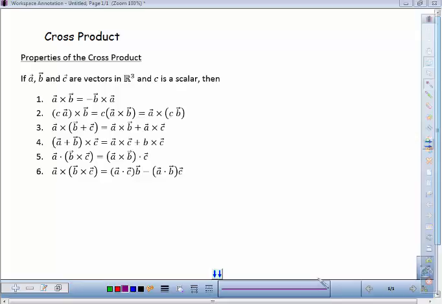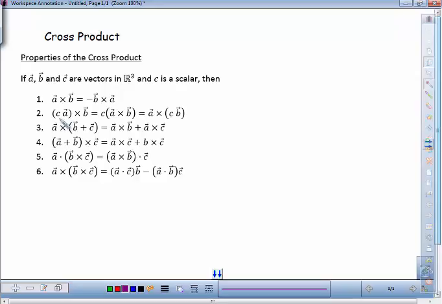There's a couple of other interesting properties that might be useful for us later on. The second one talks about a scalar being multiplied. I know this probably is not a very good choice of variables that they used. I just copied this from the book. But A, B, and C are vectors, and then you have a scalar C with no arrow on top, so we have to understand that that's not a vector.